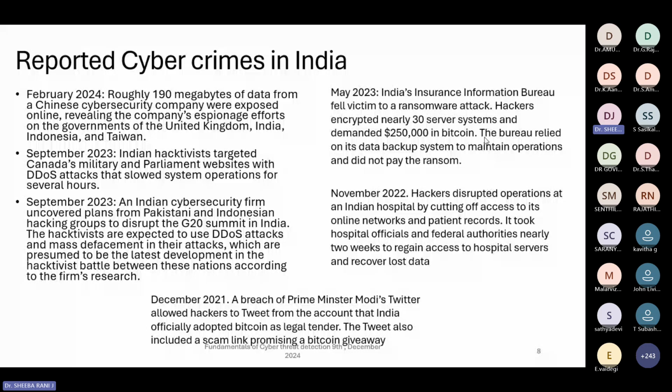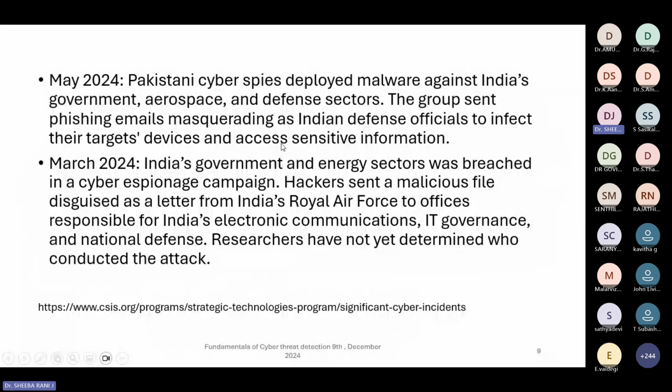Last one, in March 2024, India's government and energy sectors were breached in a cyber espionage campaign. Hackers sent a malicious file disguised as a letter from India's Royal Air Force to officers responsible for India's electronic communication. So many incidents are happening in parallel, in and out, especially Korea, right?